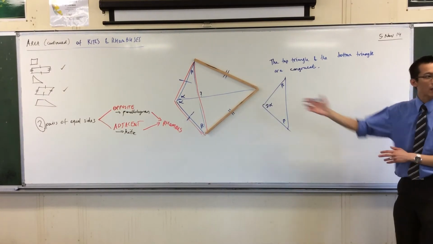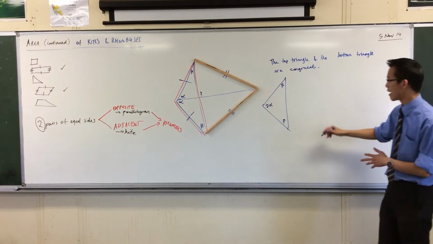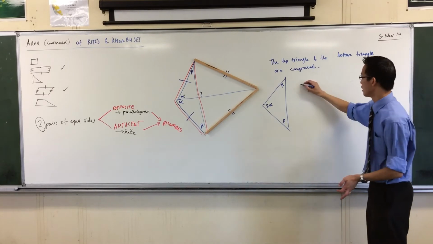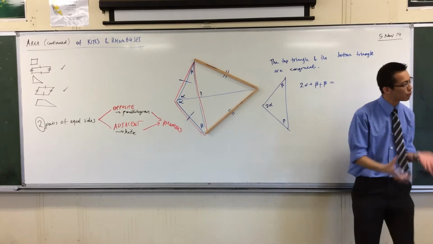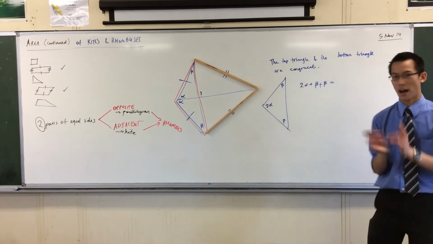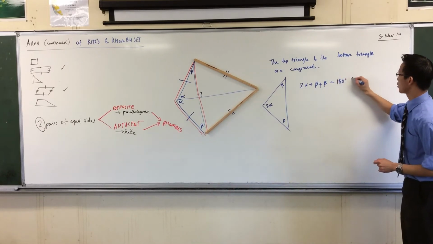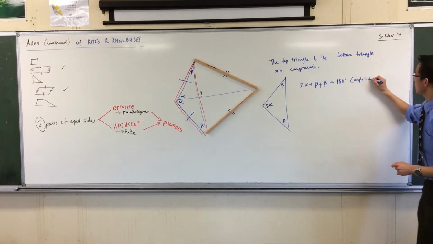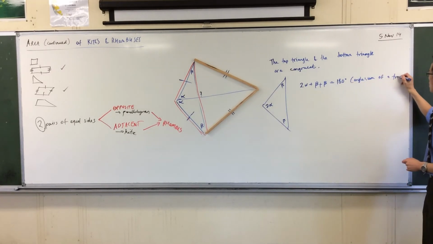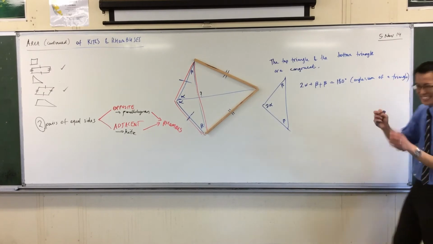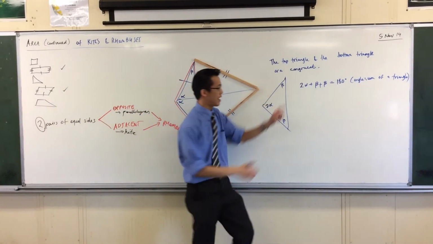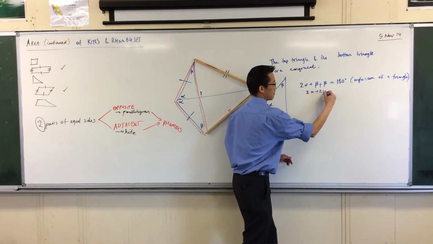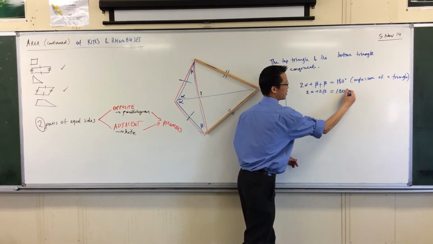So now we can work out what this thing is equal to. All of the angles in a triangle: 2 alpha plus 2 beta. What do all the angles in a triangle add up to? 180 degrees, very good. That's the angle sum of the triangle. So now help me out here. We can make this a little bit simpler. I've got 2 alpha and 2 beta, and then I've got 180 degrees over here.